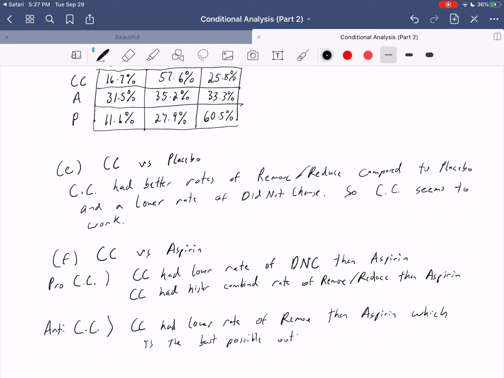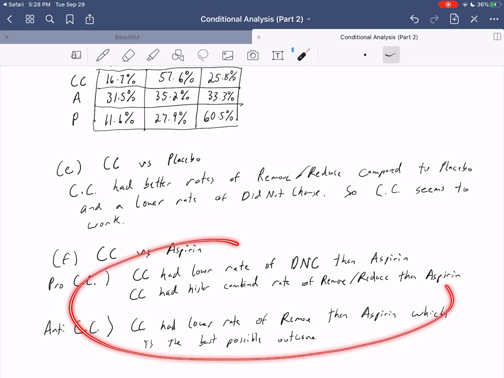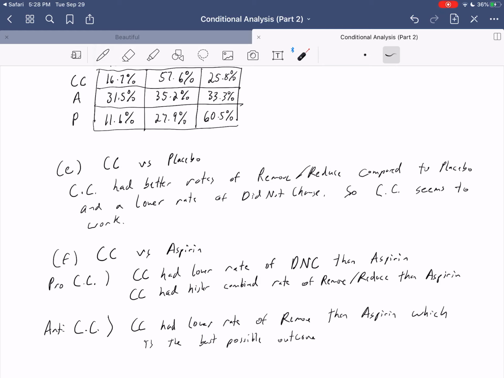So the big criticism of Cheapo Comfort from our data would be that it had a lower rate of the best possible outcome, but it did seem to do at least something to a wider range of people. So this is to demonstrate to you guys that whenever you're interpreting data, sometimes there can be several interpretations here, and I just wanted you to see a positive way of interpreting the results, as well as a negative way in terms of the success of this drug.